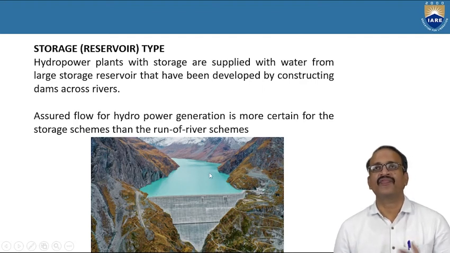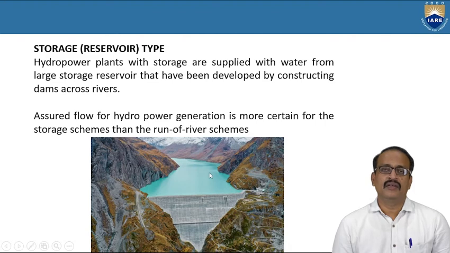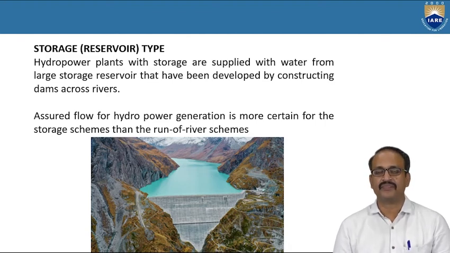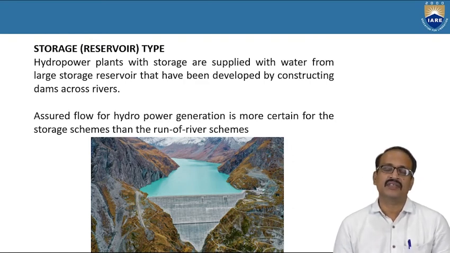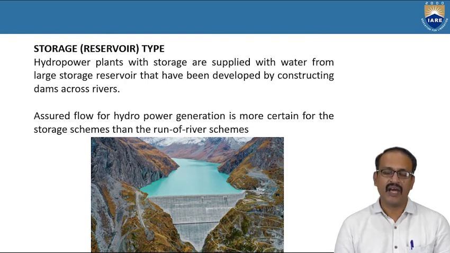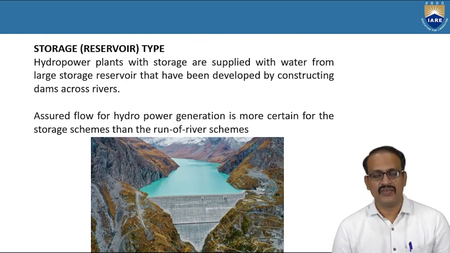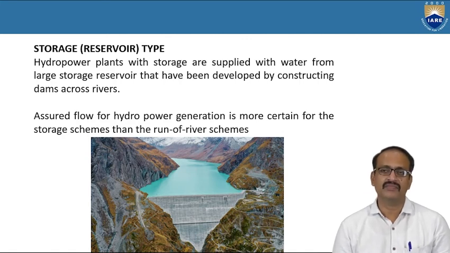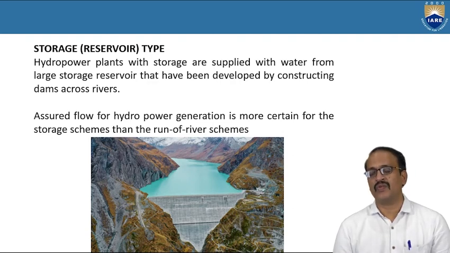This type of favorable condition should always be available for constructing a dam, which gives a long life for the dam and decreases the construction cost of the dam, and also we can construct to a very good high head.